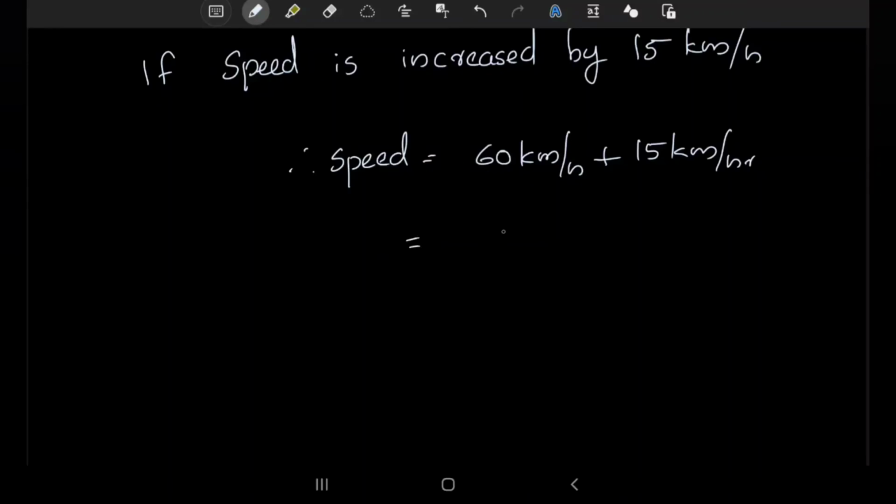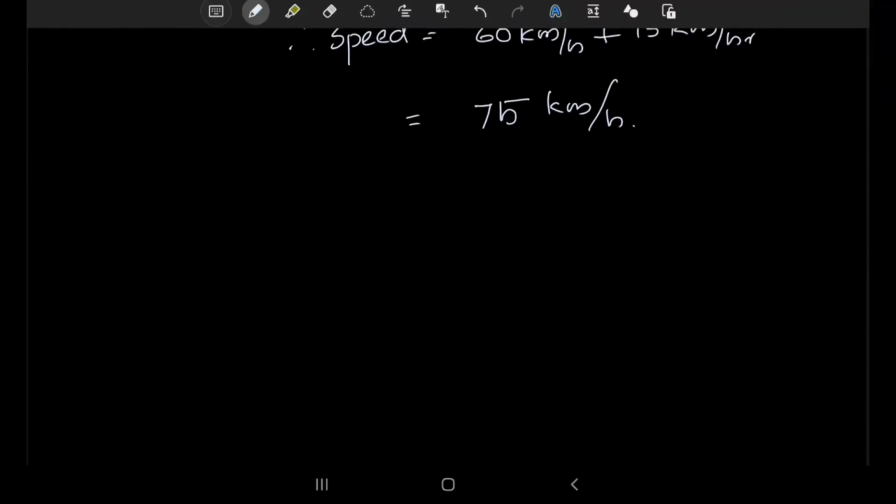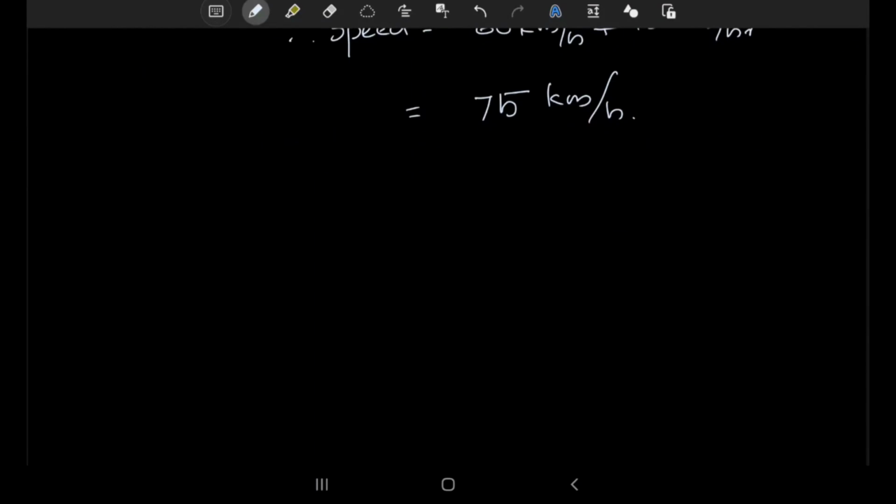So in total it is equal to 75 kilometer per hour.